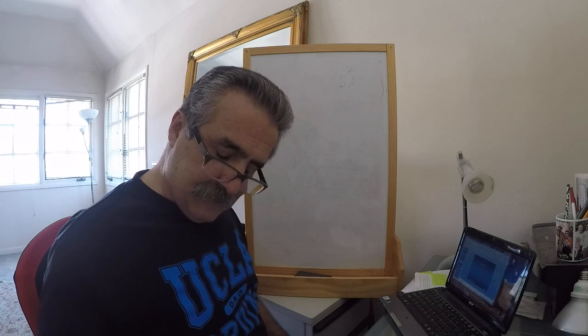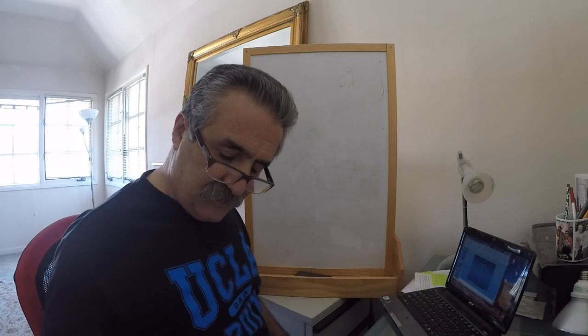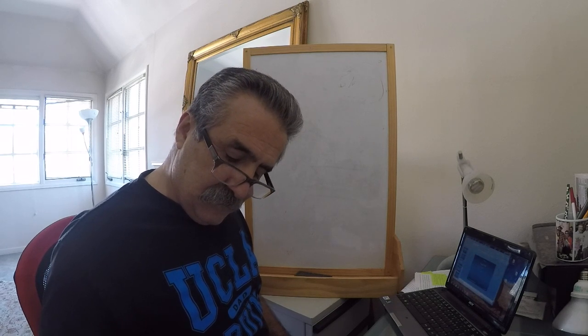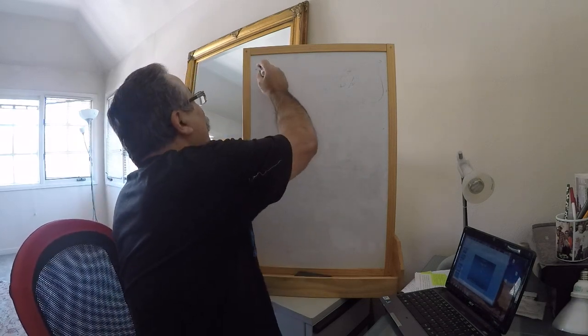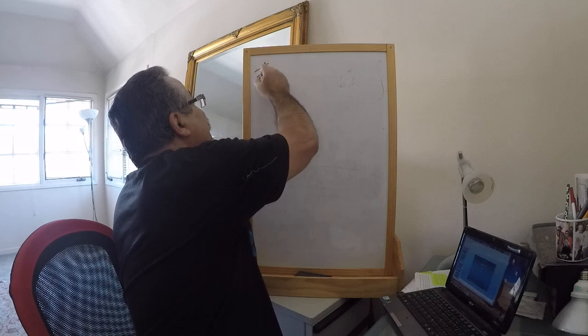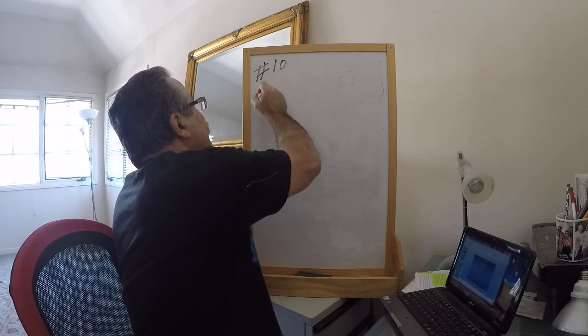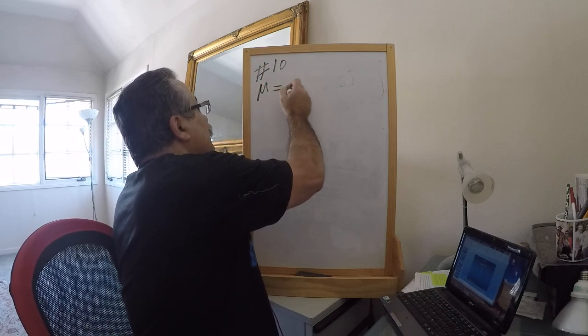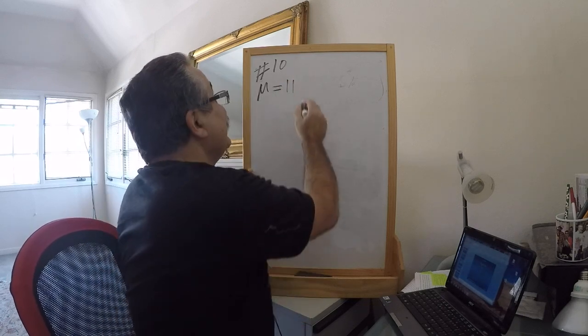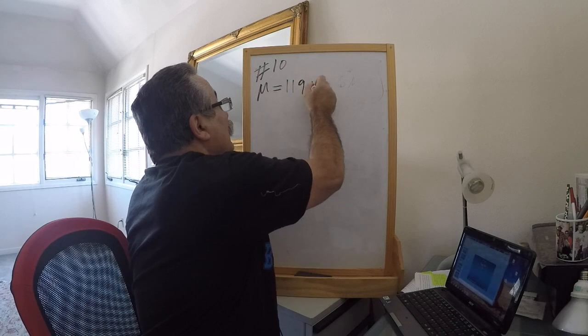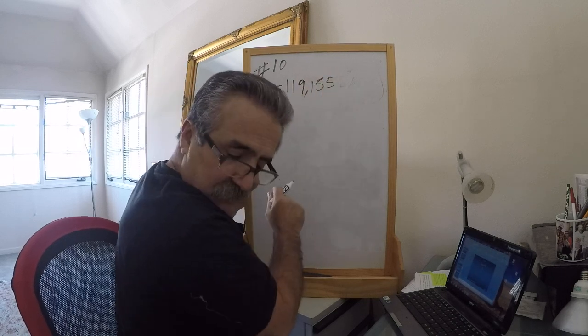So this is the sigma known case. Population mean, this is problem number 10. So x bar is equal to 119,155.